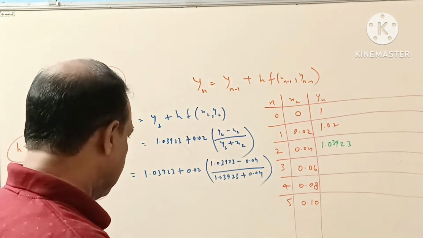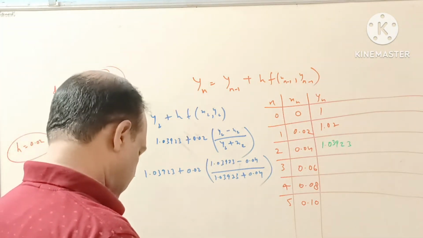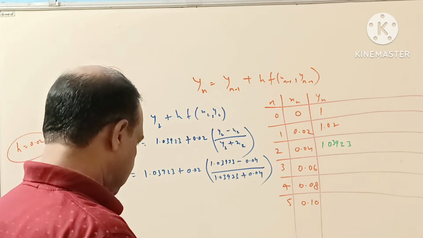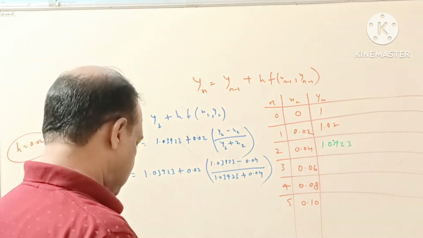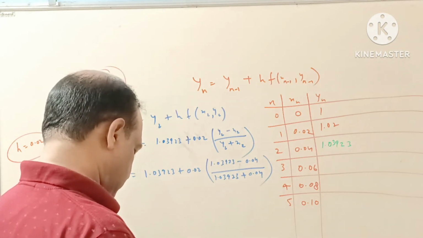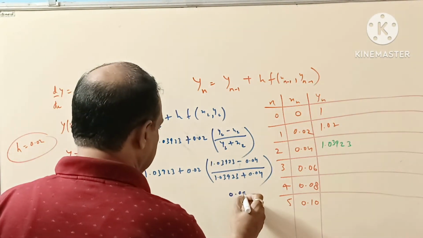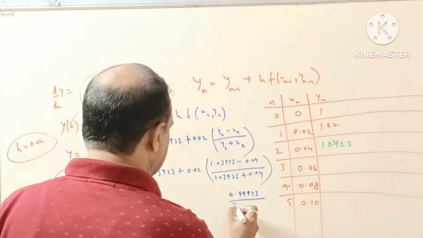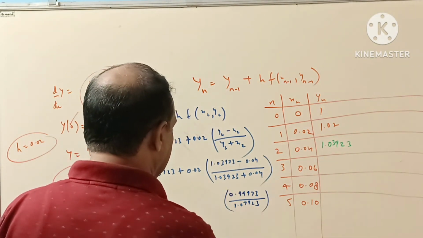Now here this is 1.03923, and we are subtracting 0.04, which gives 0.99923, as well as in the denominator you are having 1.07923.